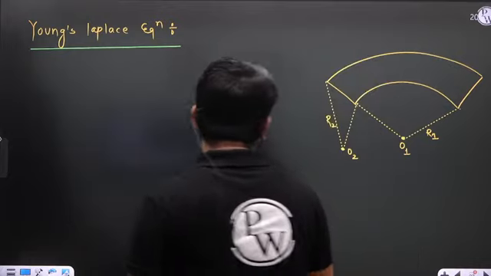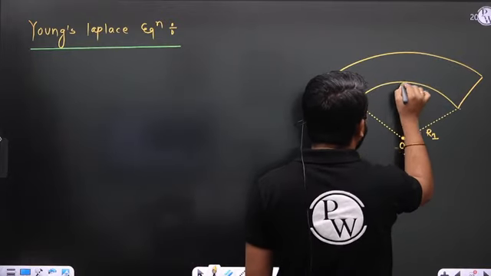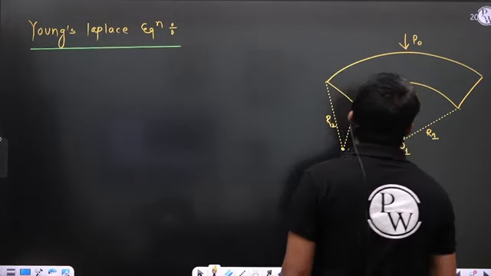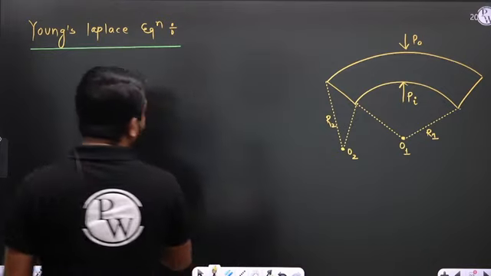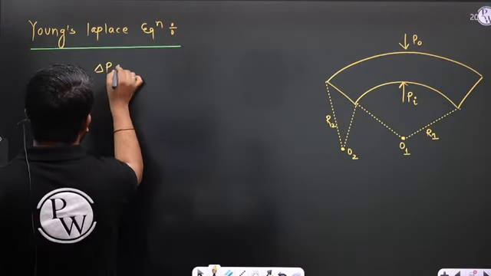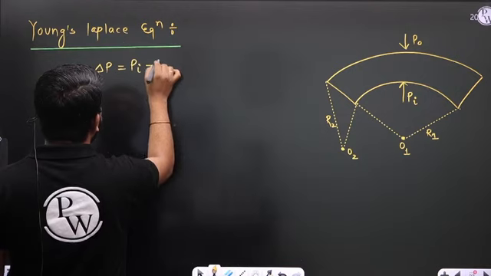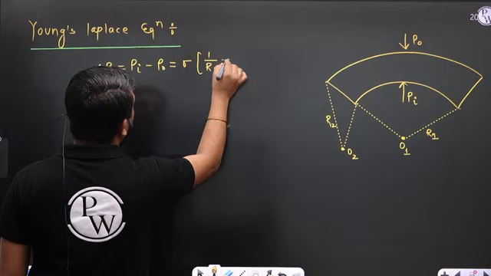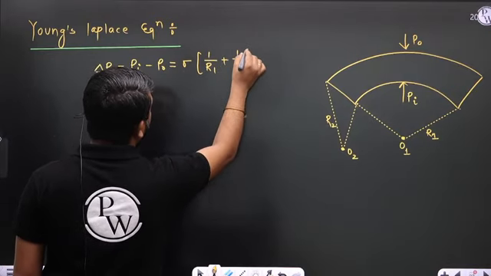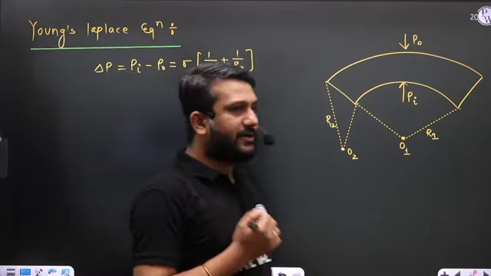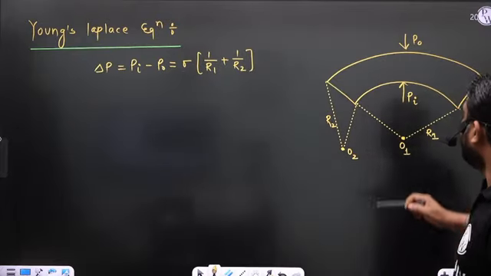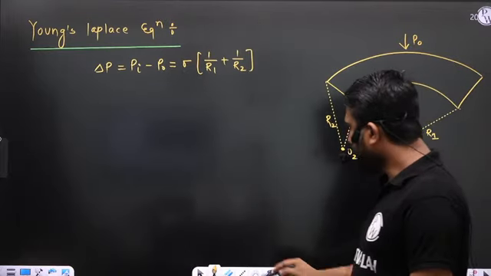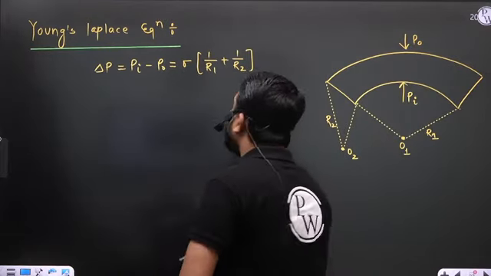So we can directly write: on this side the pressure is Pi, on this side the pressure is P naught. So Pi minus P naught, or simply delta P, is equal to sigma into 1 by R1 plus 1 by R2, where R1 is the radius of curvature for this interface and R2 is the radius of curvature for this interface. Now, this is a generalized mathematical expression.